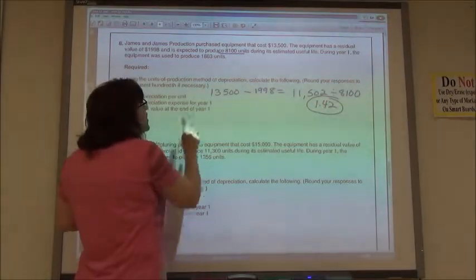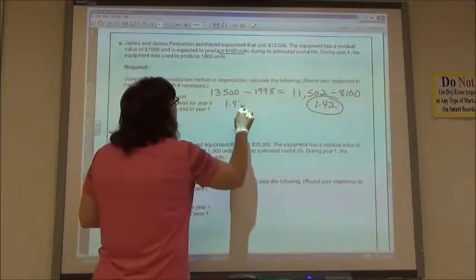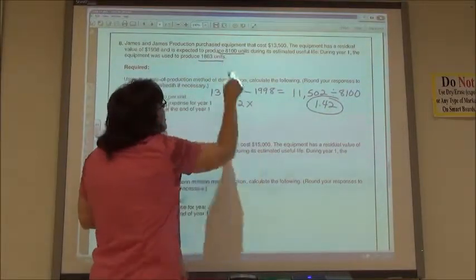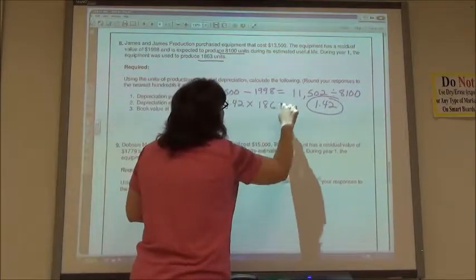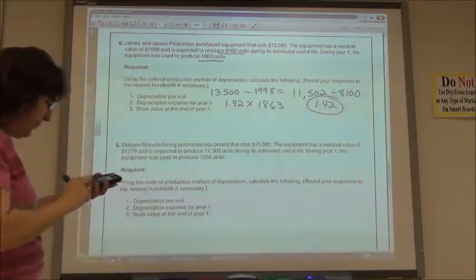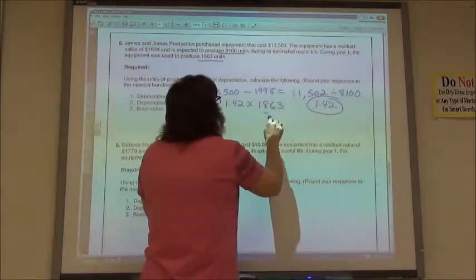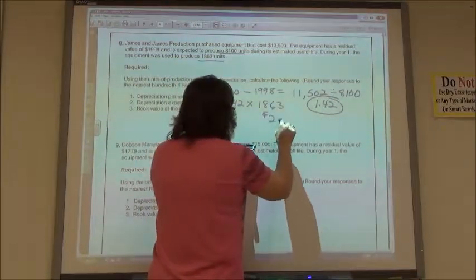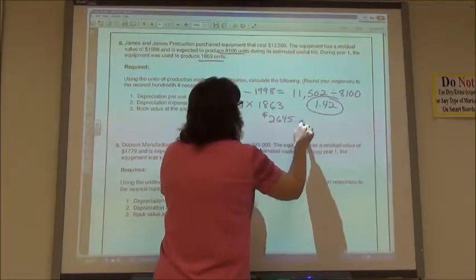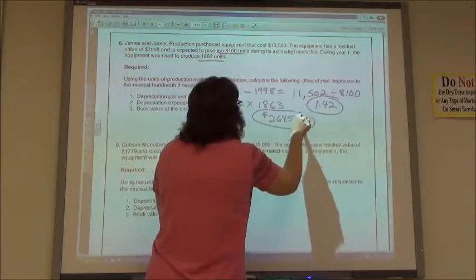So the depreciation for year 1, I'm going to take that $1.42 times the units produced, 1,863. When I multiply that out, my depreciation for the first year is $2,645.46.